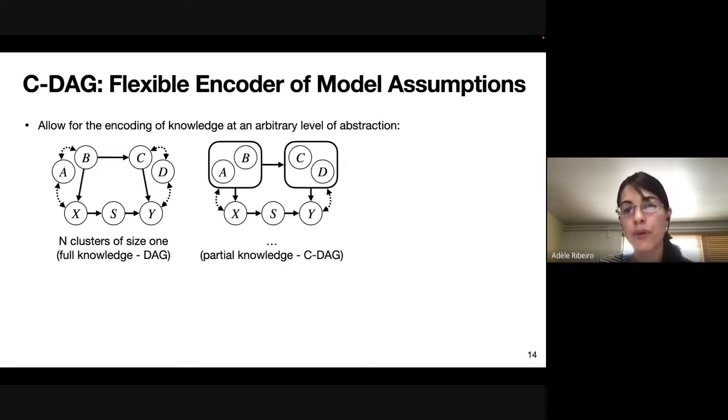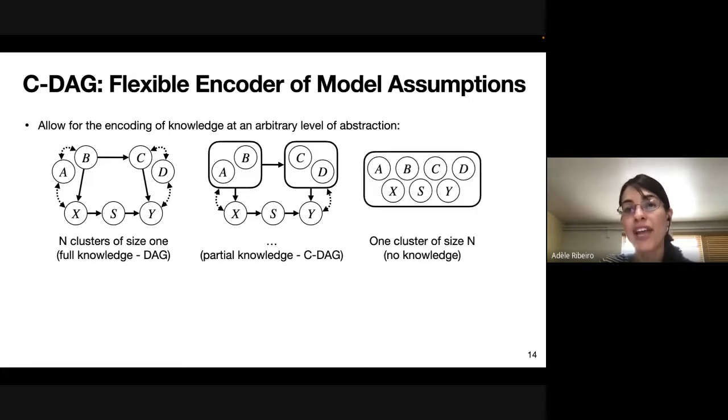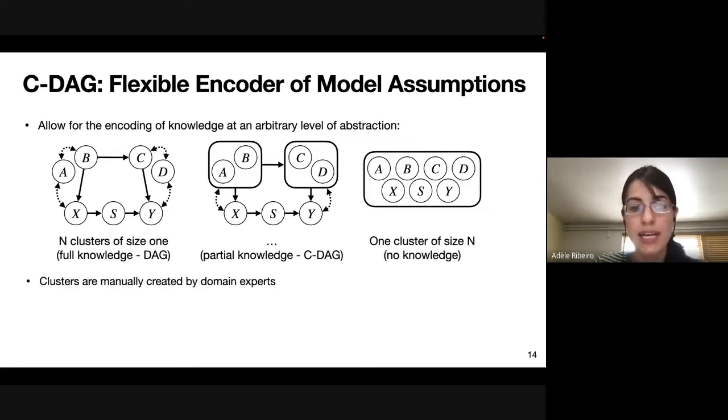However, if you don't know the relationships between some variables, you can cluster these variables, and then you can just define the relationships among clusters. And of course, if you don't have any knowledge, you have just one cluster, and then usually this is the same as having no causal diagram.